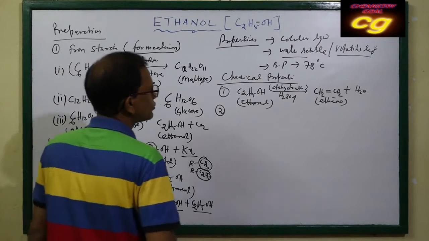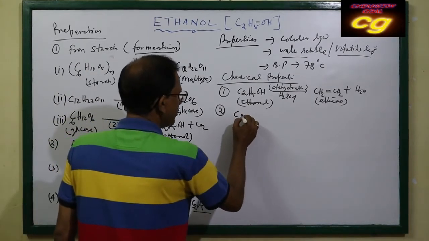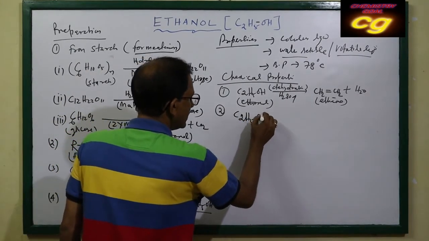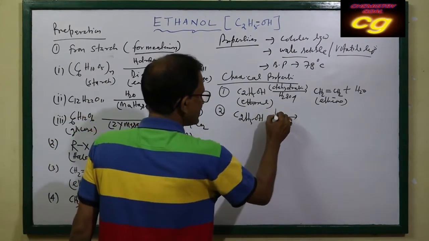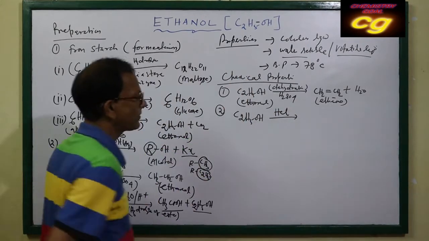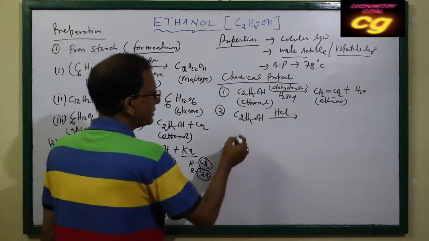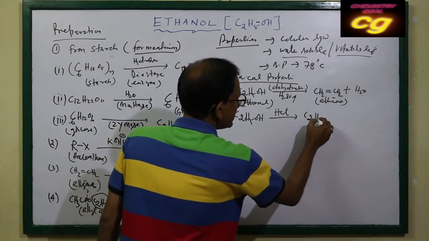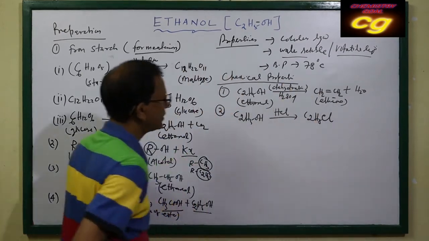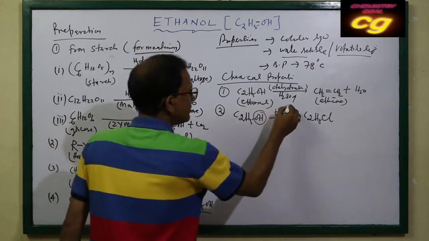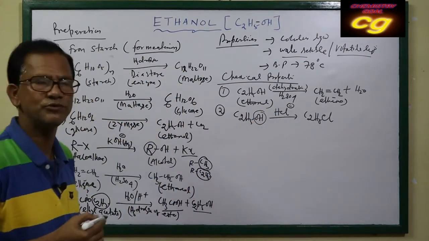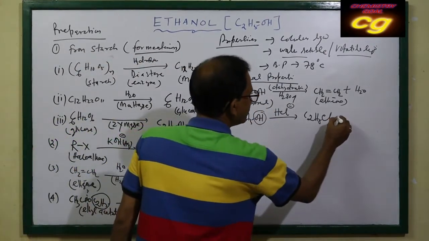Second, if you take ethanol and treat it with hydrochloric acid, HCl, then what happens? C2H5Cl is formed. Here OH is replaced by Cl minus. This is also called a substitution reaction, and the remaining part produces water.